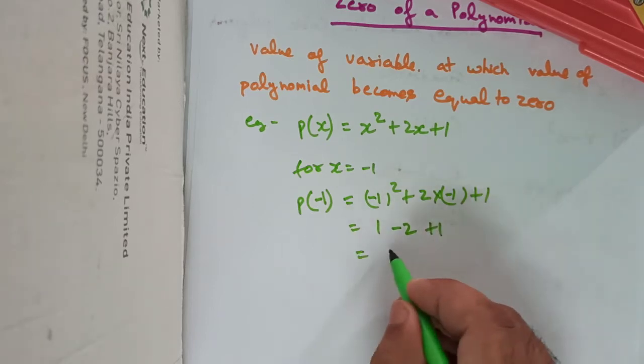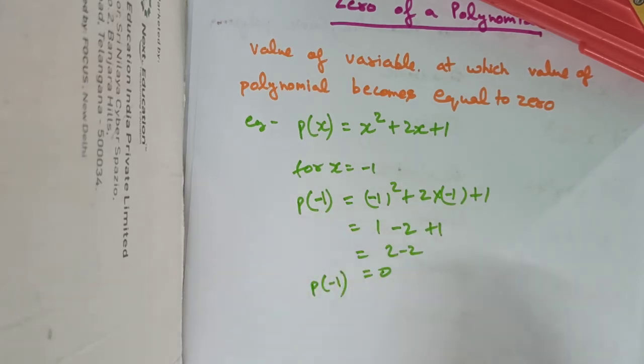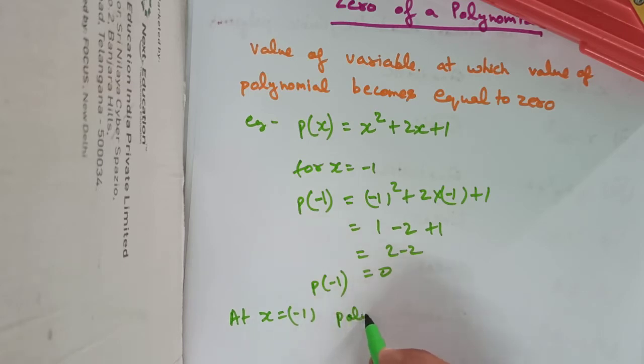So it will be plus 2 minus 2, that is equal to 0. So what we have seen here is that at x equals minus 1, the polynomial p(x) is equal to 0.